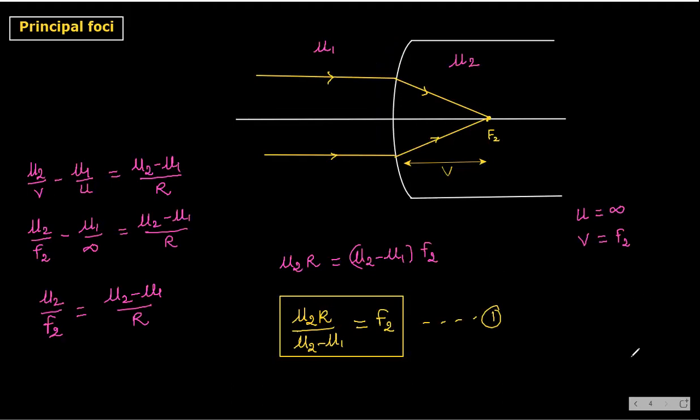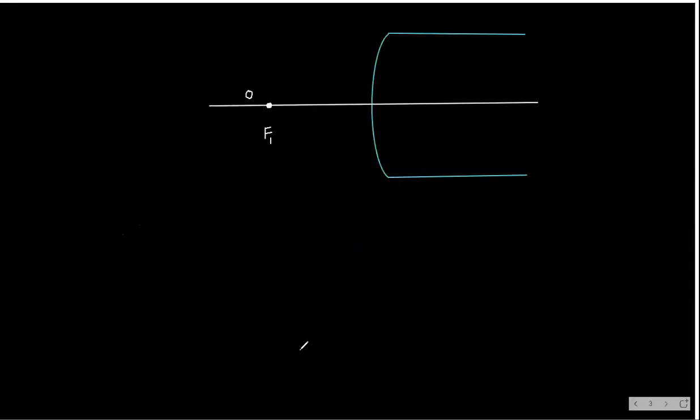Okay, right. So now see, the object is at F1. So how the light rays are coming now from this object, like this they are coming, and after refraction they will go parallel to the principal axis. So like this they are going.